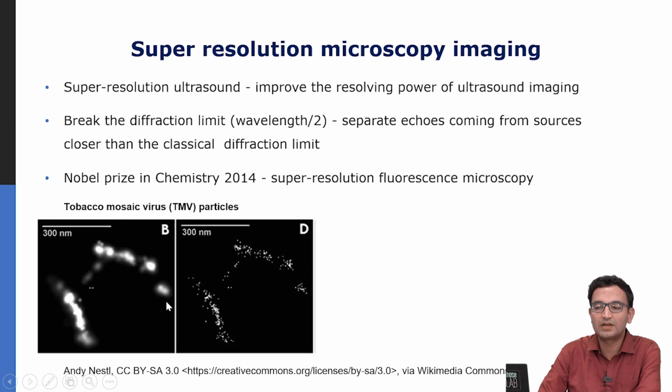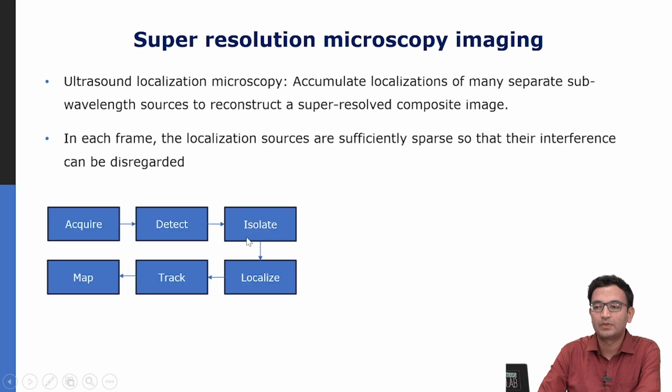So here is a super resolution microscopy image of tobacco mosaic virus. On the left is a conventional imaging, in which you see the virus particles appear blurry. But on the right, you can see the virus particles at a higher resolution. So how is this done?